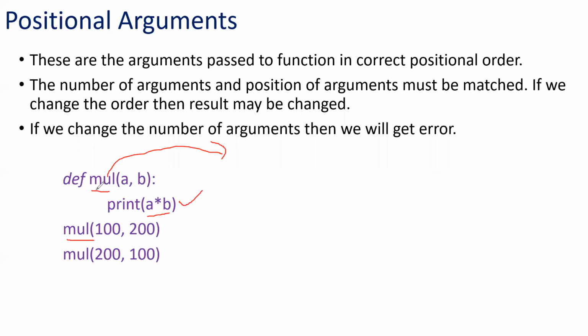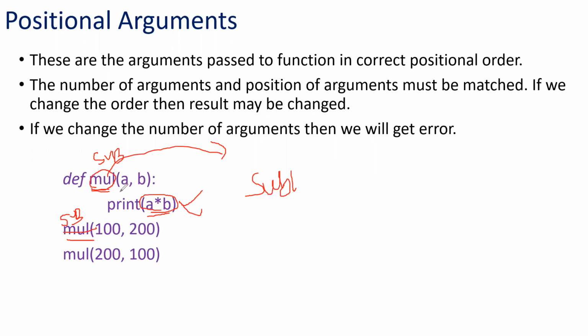For example, instead of MUL, if I write SUB, A comma B and A star B, it will not perform subtraction. Based upon this logic, it works. It's an identifier name.